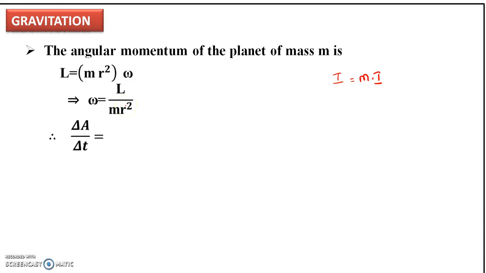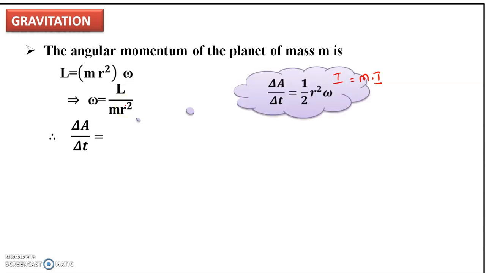Now, delta A by delta T is equal to half R square omega. In place of omega, we substitute L by m r square. Then delta A by delta T is equal to half R square into L by m r square. Here R square gets cancelled. What is left now?